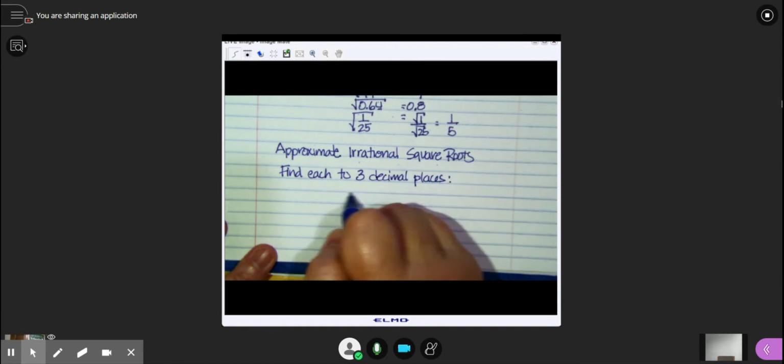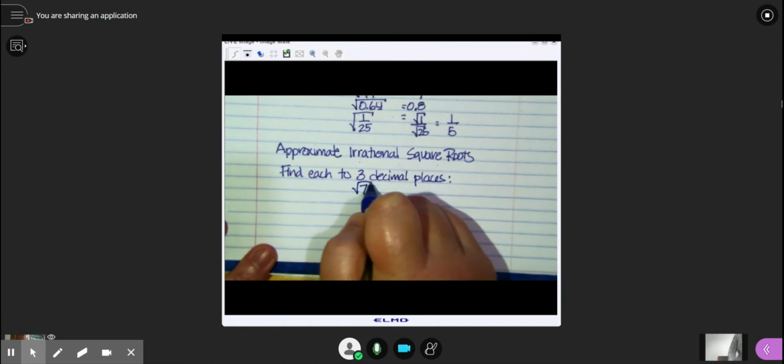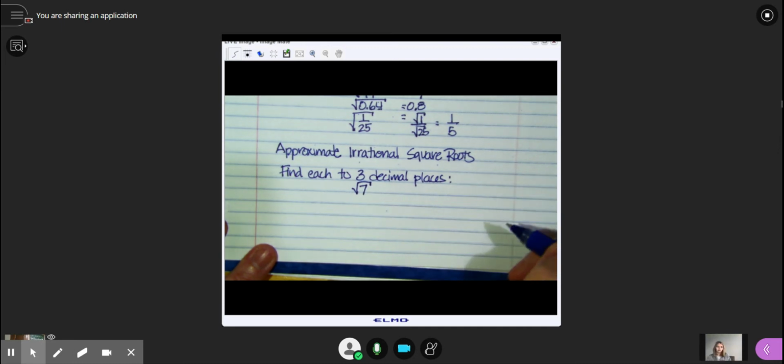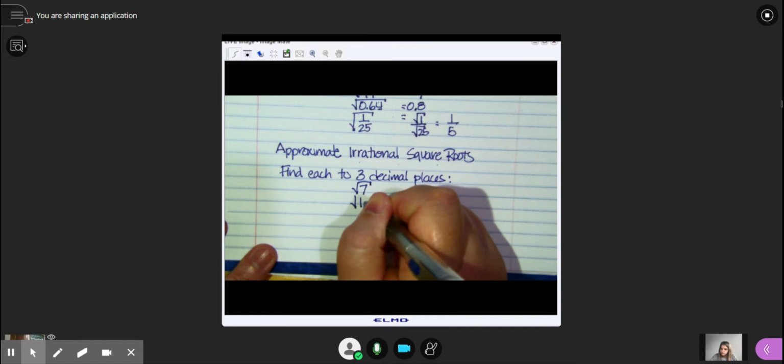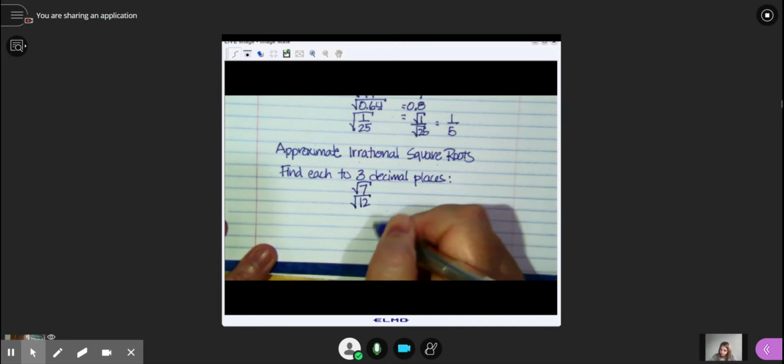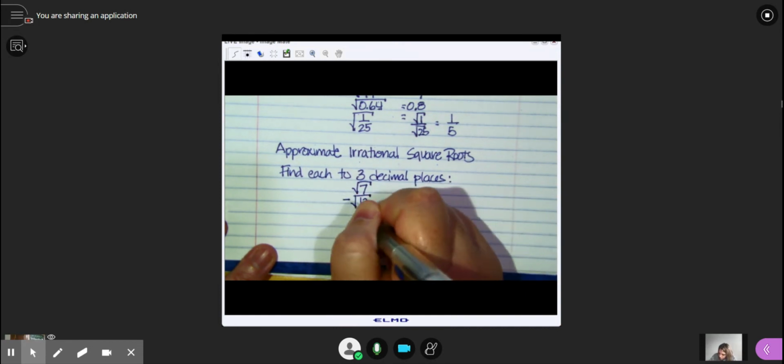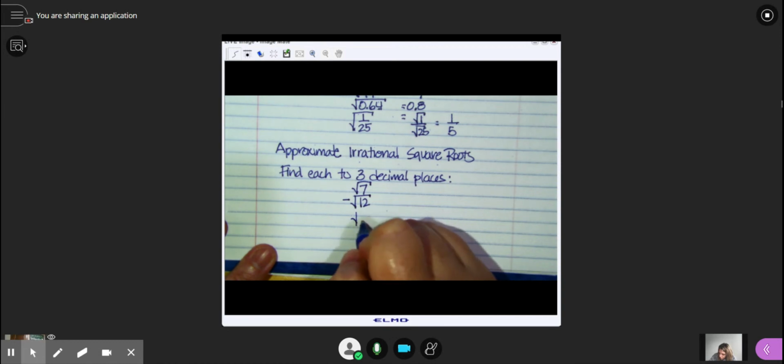For example, the square root of 7, or the square root of 12, negative square root of 12, or the square root of 4.25.